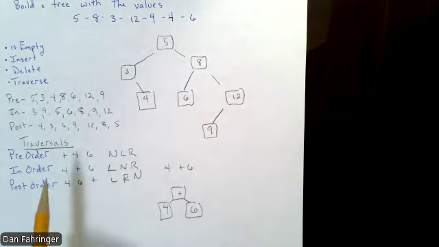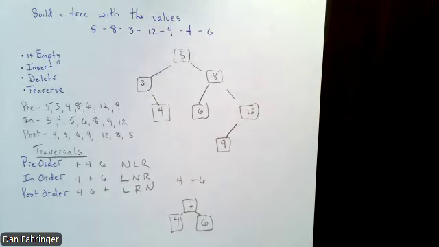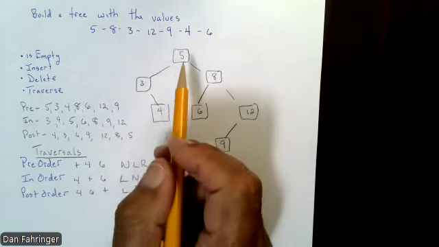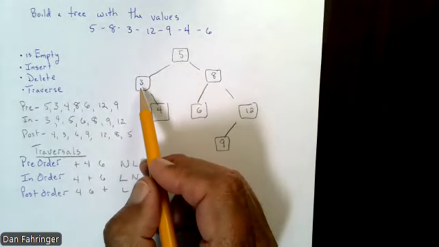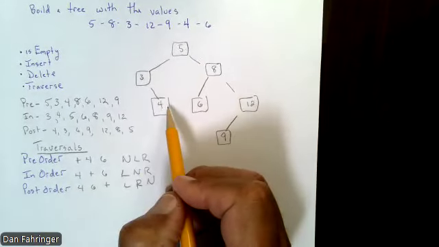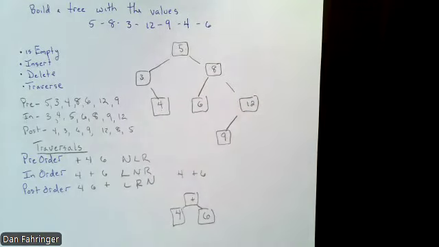Now, what if I said, how would you write code to traverse this? For example, 3, I can get to there. The 4, how in the heck am I going to get back to 5? I probably never could have come up with it.